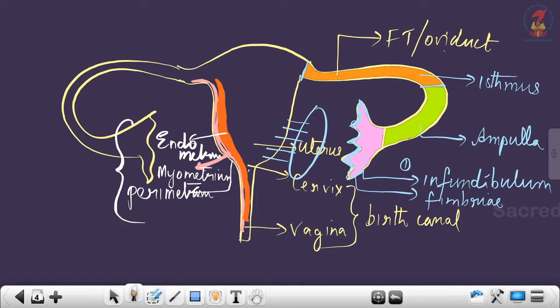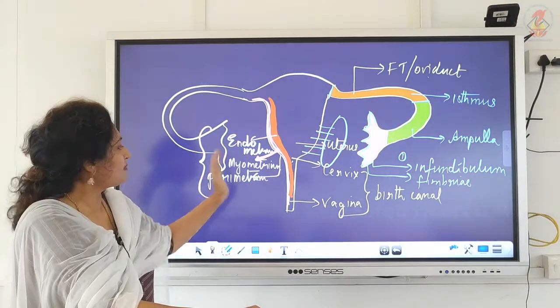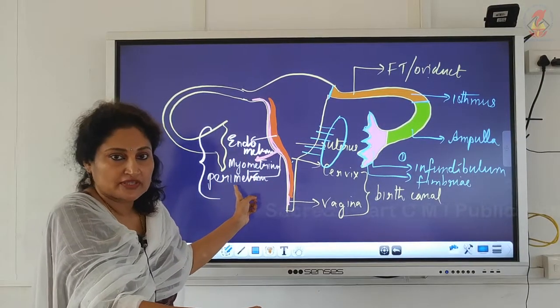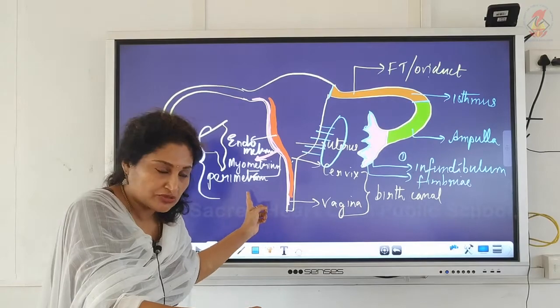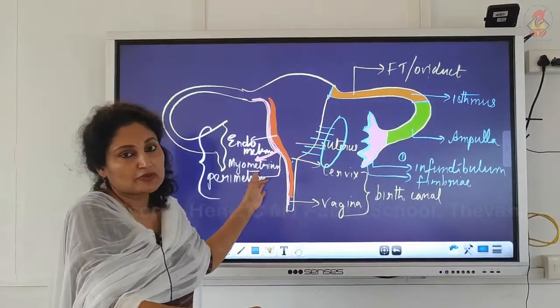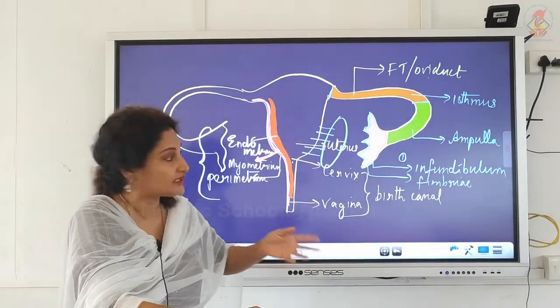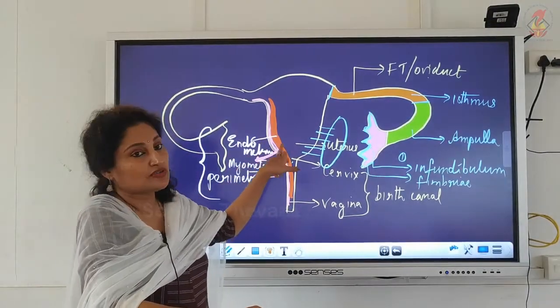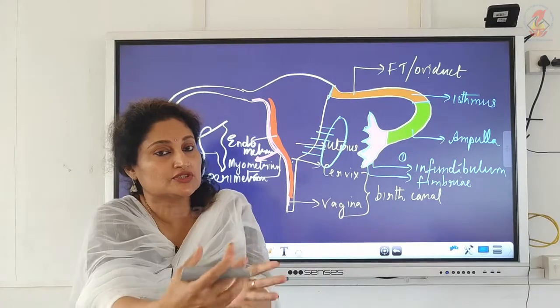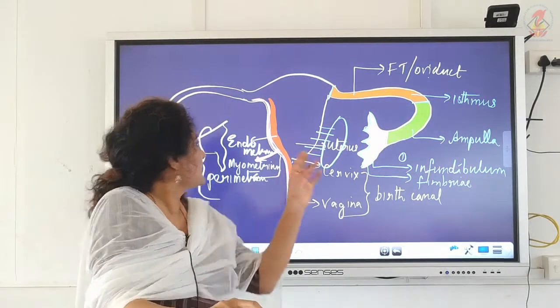So the three inner linings of the uterus from out to in are: outer, which is protective of the uterus, called the perimetrium. Then inner to that is the myometrium, which is made up of muscles and helps in contraction at the time of childbirth. And the endometrium is responsible for the changes during the menstrual cycle. It is not constant.